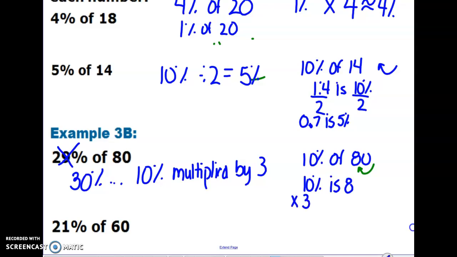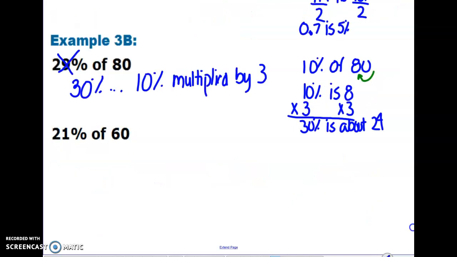So if I multiply 10% by 3, I need to multiply 8 by 3, and 30% would be about 24. All right, to find 21% of 60, once again, I'm going to change that 21% to 20%. 20% of 60. 20%, I can think of that as 10% times 2.